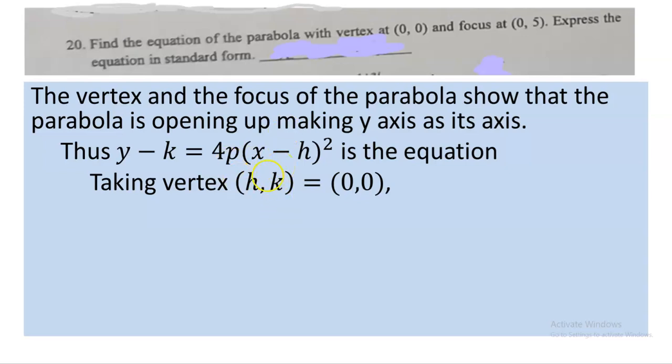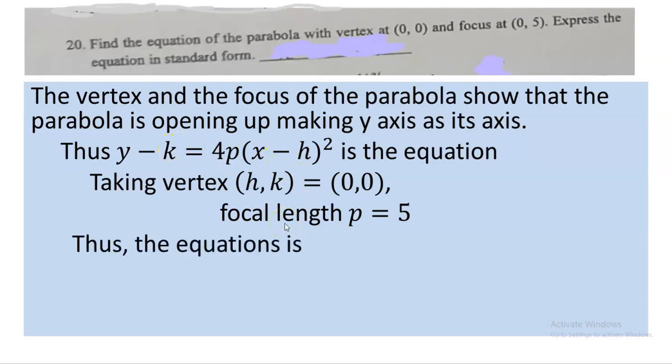So the vertex h, k, 0, 0 is given here. So h, k is known. And the focal length p can be determined by just finding the distance from 5 to 0. The focal length is the distance between the focus and the vertex, so p is now known. So the focal length is 5, so everything is now known. So h is 0, k is 0, p is 5.